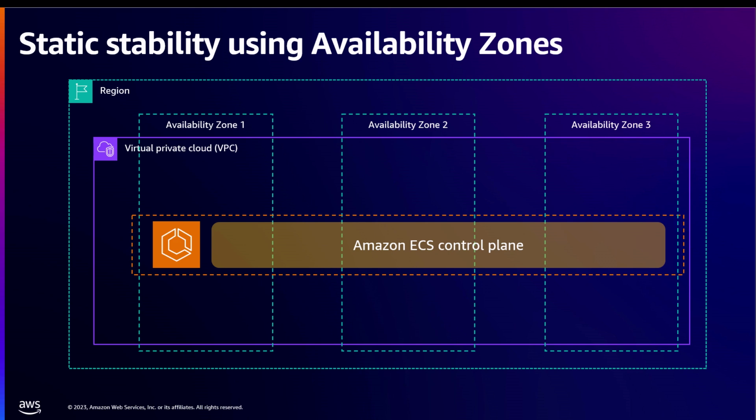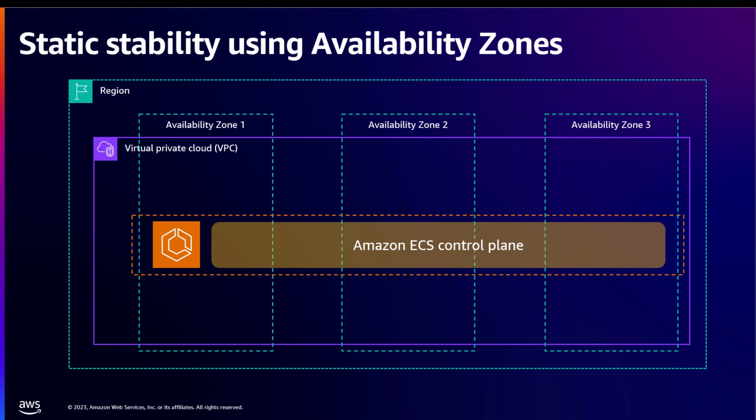Now, one of the ways that we could provision that control plane is we could work out how much capacity we needed in order to serve the TPS rates that Maish was talking about earlier, and we could provision that capacity across these 3 availability zones.